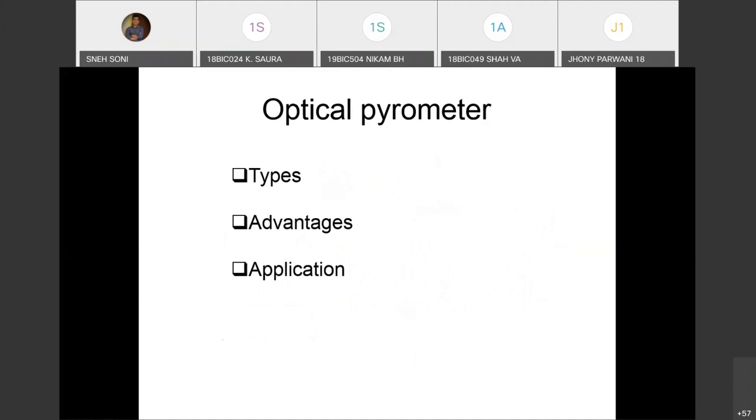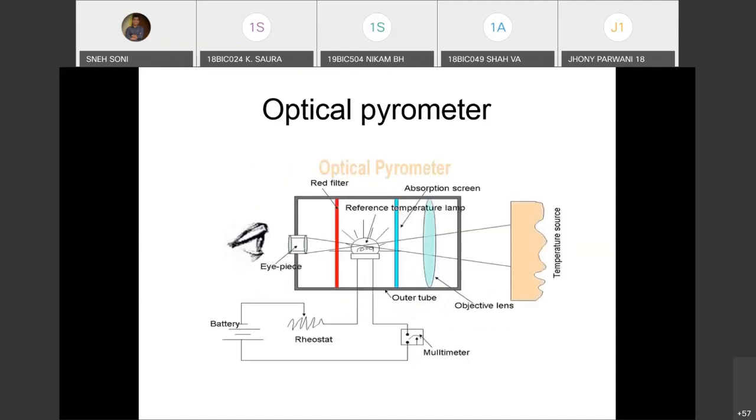Okay, there are two types. One is the manual type. The human eye structure you saw is the manual type. Here the observer is doing some kind of adjustment, and there is a possibility of human error, right? But what can we do? An automatic type is also available. In this, the radiation detector acts as a sensor.